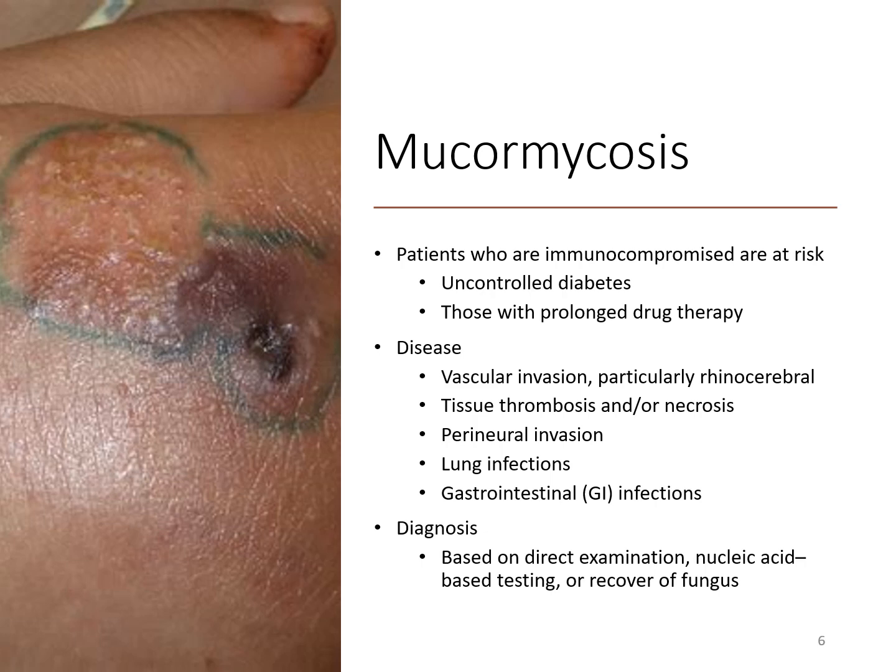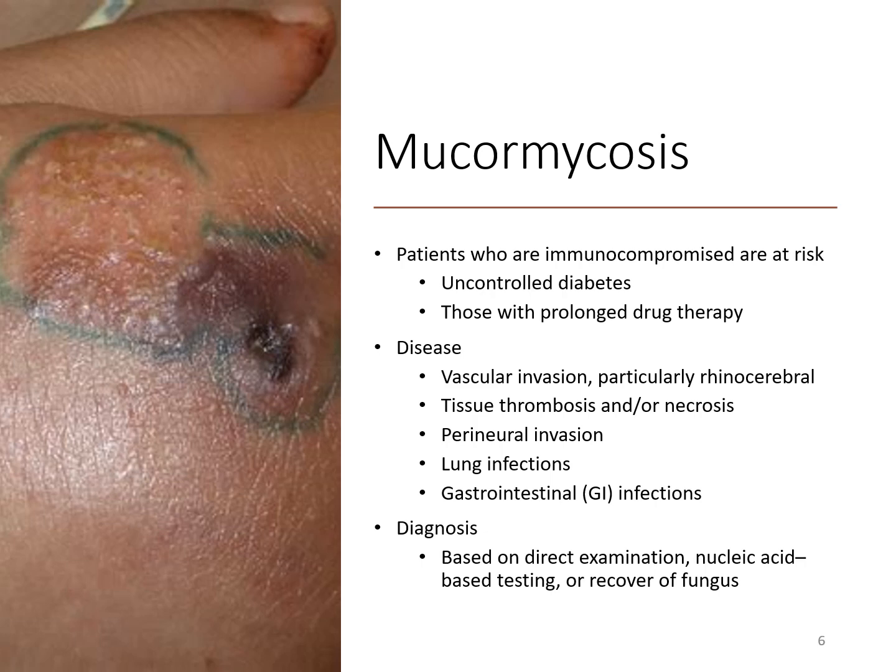Mucormycosis is the infection caused by the Mucorales. And so patients who get this are typically more at risk if they're immunocompromised. So this could be something like prolonged drug therapy, uncontrolled diabetes, any sort of immunosuppression. So some of the diseases that it causes is a vascular invasion.